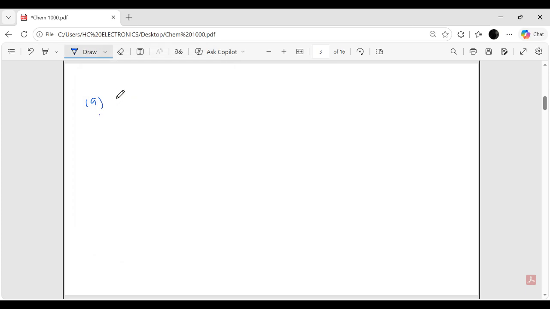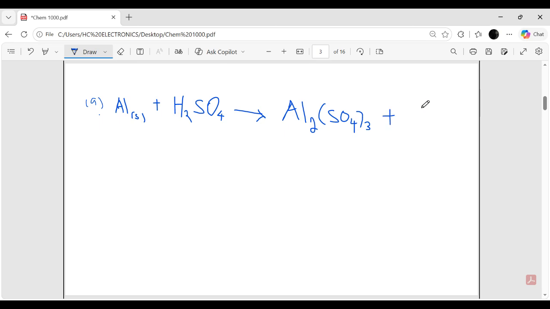So for A, we've been given aluminium, which is a solid, plus sulfuric acid, which is giving us aluminium sulfate plus hydrogen gas.